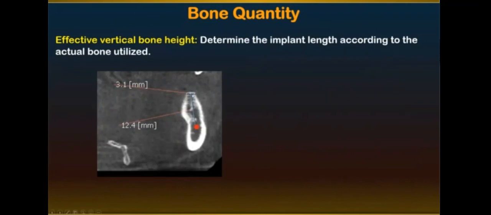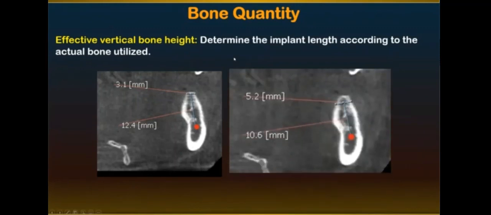Here I cannot make use of all the length of the bone from the crest of the ridge to the inferior canal. So what we do here, we can take the measurement below the alveolar crest by 2 millimeters, for example, and we will plan our case such that we will rest the implant bed on this measurement. It will be submerged 2 millimeters from the alveolar crest.